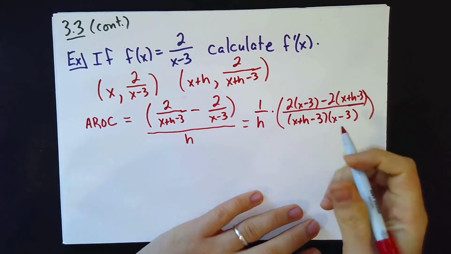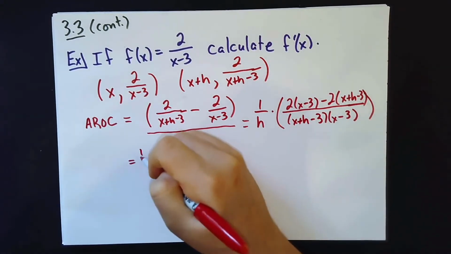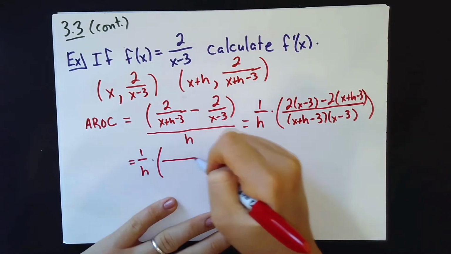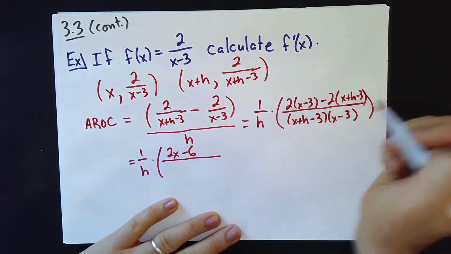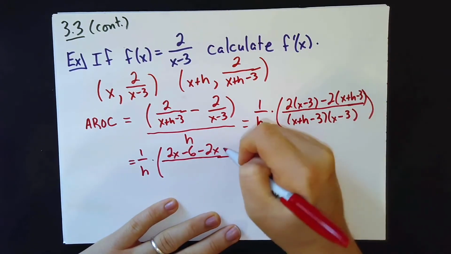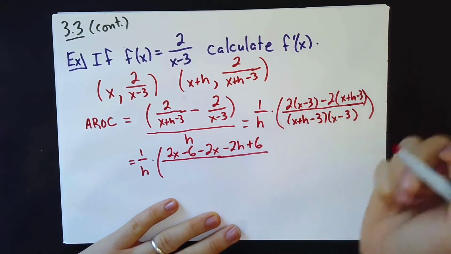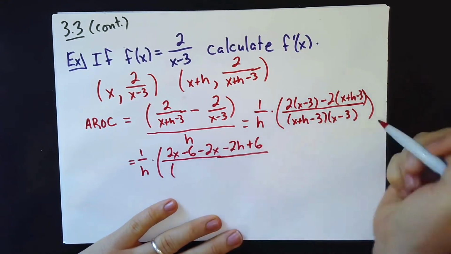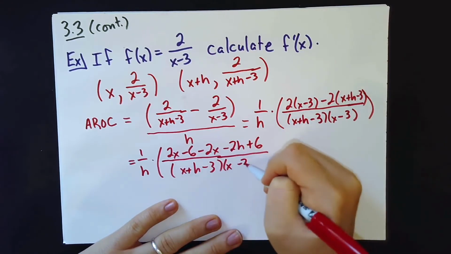Okay, and we're going to continue simplifying this. Okay, so this will be 2x minus 6 minus 2x minus 2h, and then plus 6, all divided by x plus h minus 3 times x minus 3.